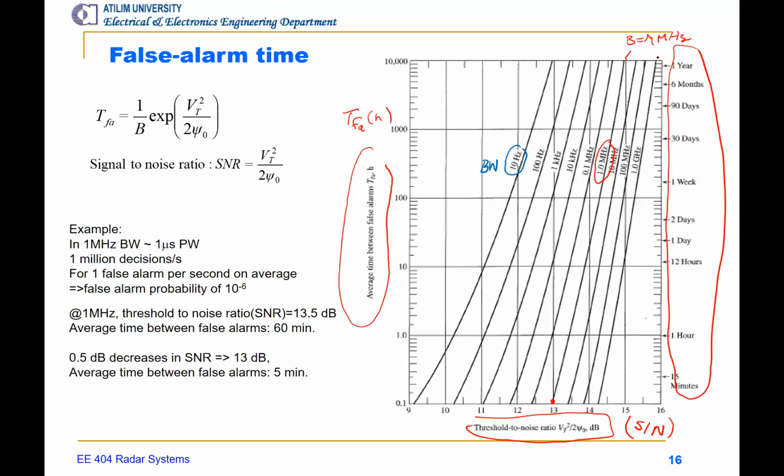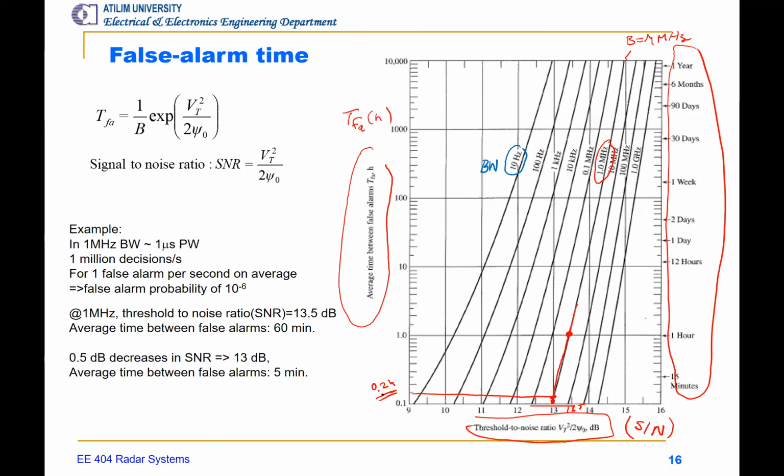If it's not acceptable, we increase SNR, or we change the bandwidth, whatever we want. So here for 13 dB, the false alarm time, if it is in hours, is approximately 0.2 hours, so it's about 5 minutes maybe, or 10 minutes. When I increase this to, let's say, 13.5 dB, somewhere here, the same curve you see.